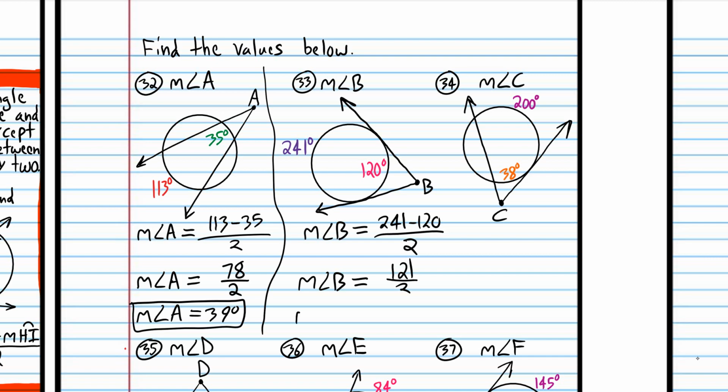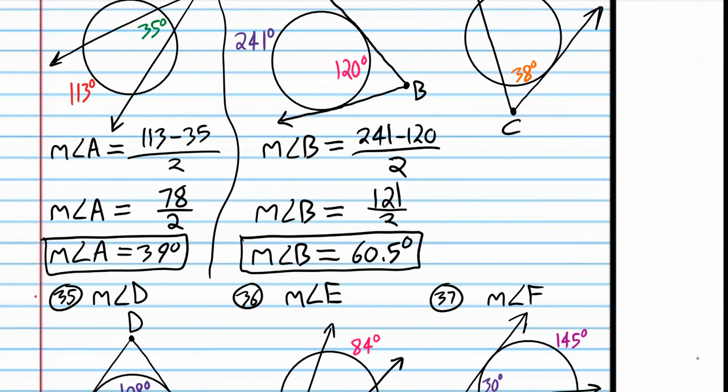And then divide that by 2. We get 60.5 degrees. So as you can see, it's pretty easy.